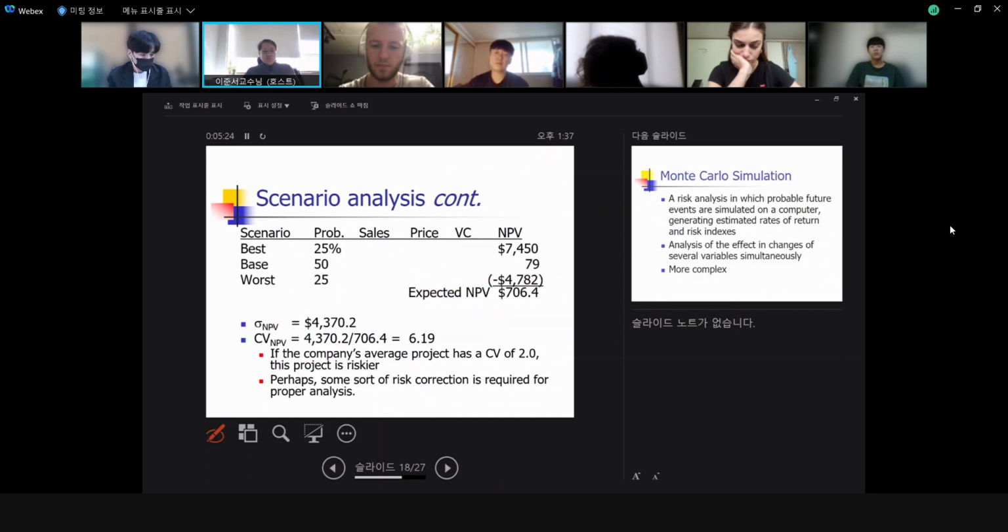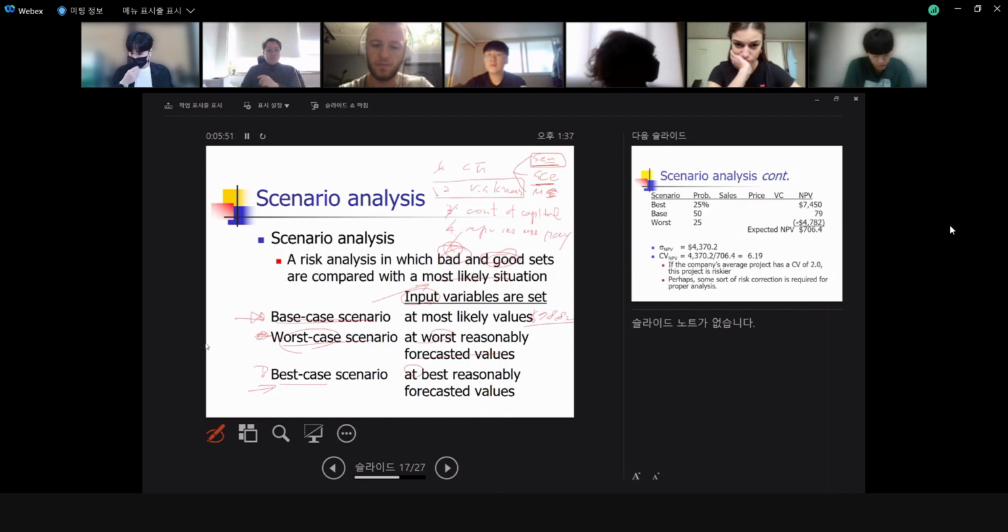So here you go. If you take a look at page number 488, figure 13.2, we have 6 variables, right?